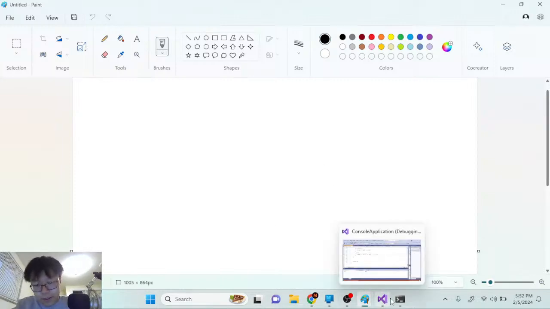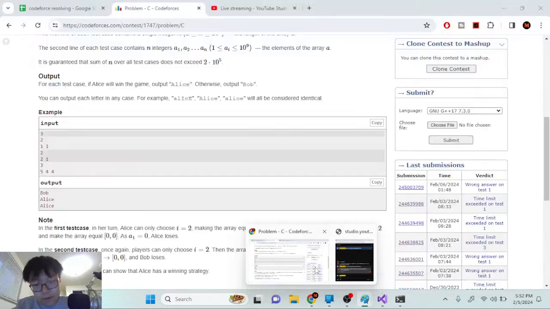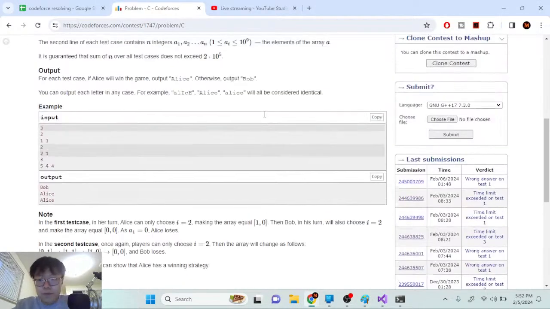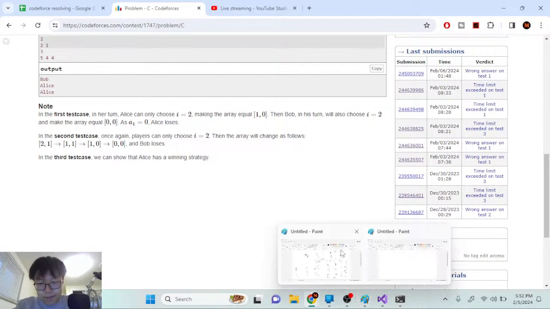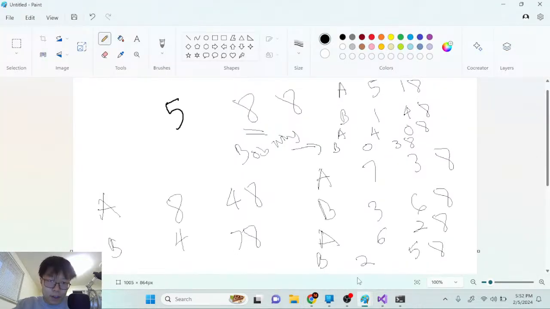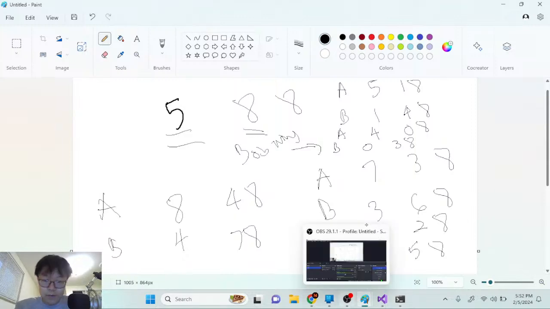There's another case we have to consider. What if the smallest number was 0? Right? Then we just get TLE. Because if the smallest number ends up being 0 here, and this number was still larger than 0, then we have to find the value that is not 0.